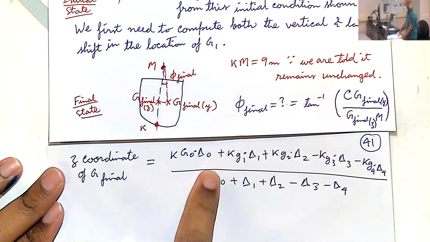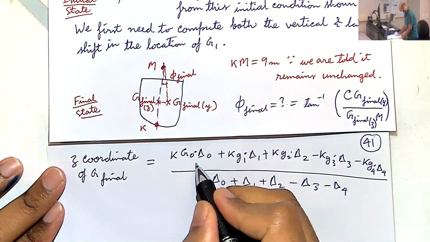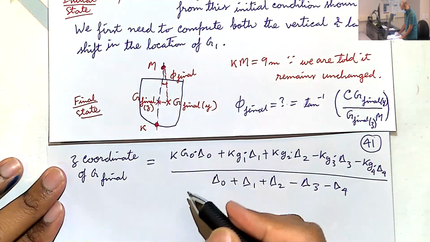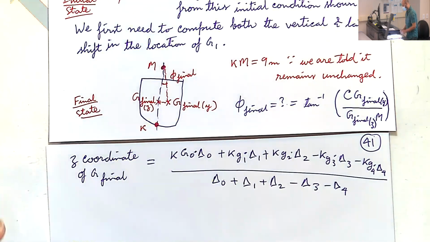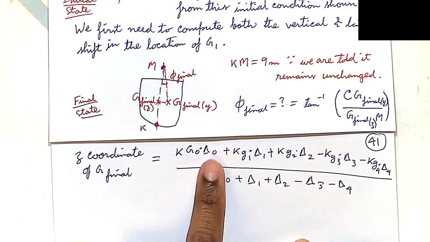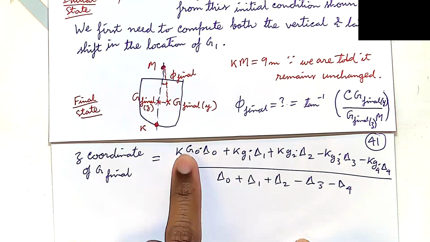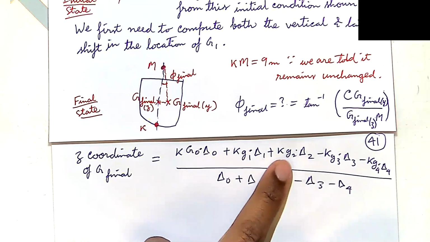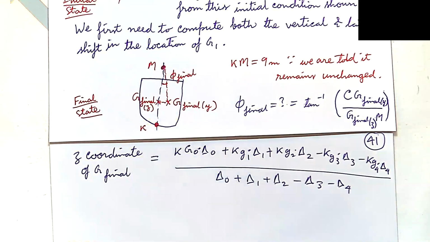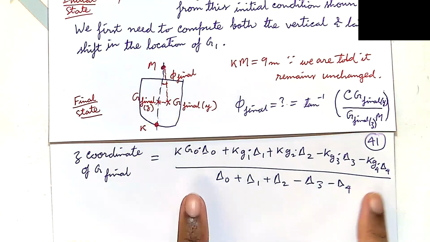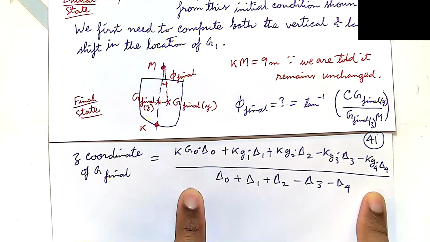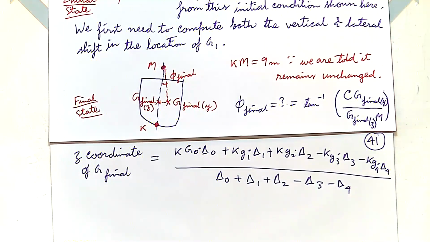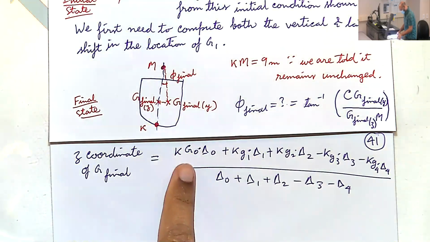Same thing, mass 1. So of course I should divide everything by g, but all the g's would cancel out on top and bottom. So you can write the divide by g's if you like. So weight 1 times Z coordinate 1, weight 2 times Z coordinate 2, weight number 3 by Z coordinate 3, and so on. Everybody understands what happened here? Yeah. All right, perfect.